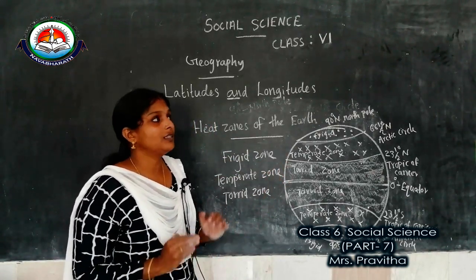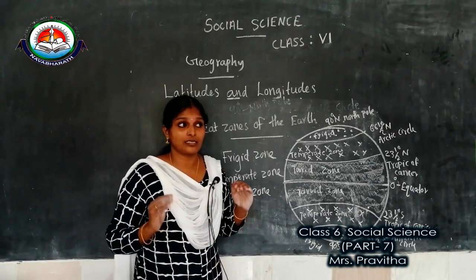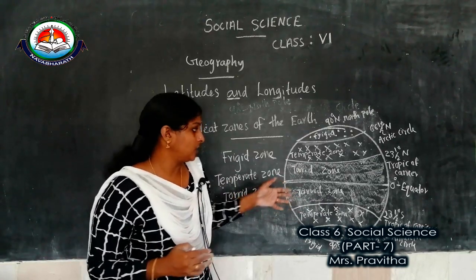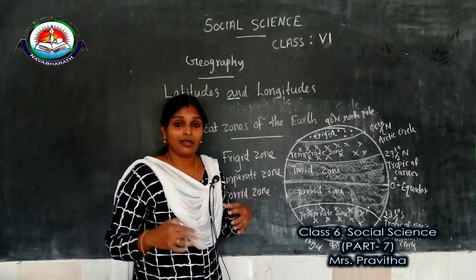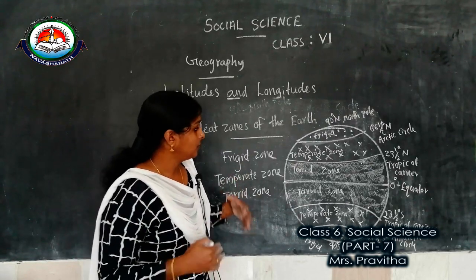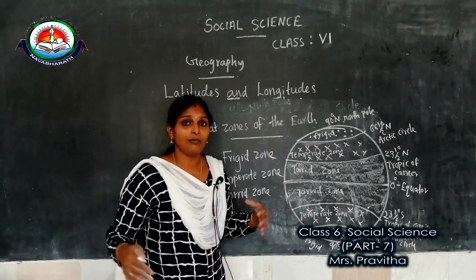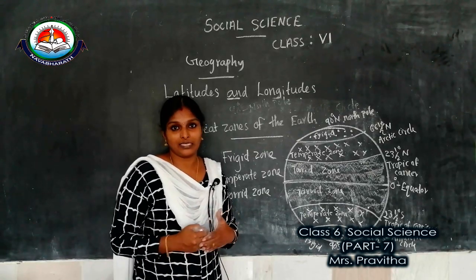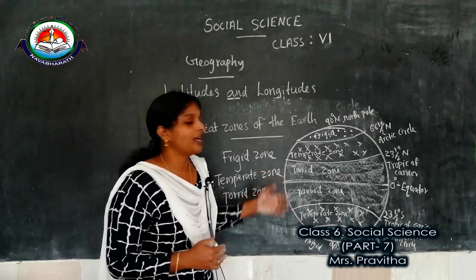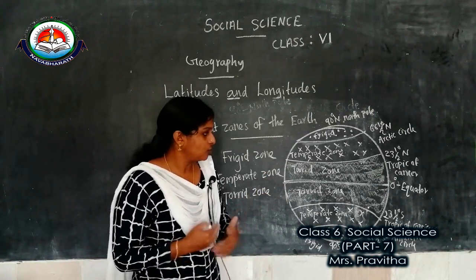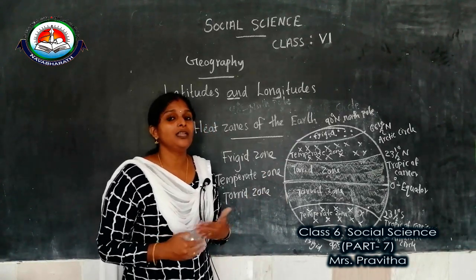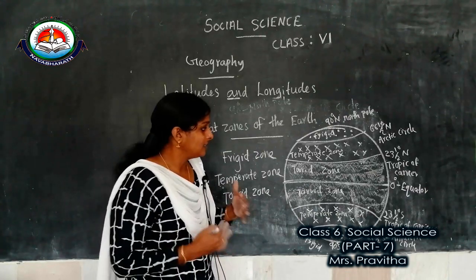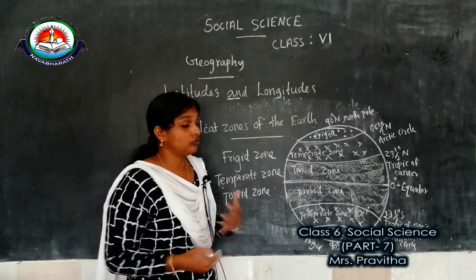I already told you this region gets maximum heat, but the climate is adjusted in the equatorial region. Although it gets huge sunlight directly from the sun, there are many oceans here, so evaporation takes place. Due to solar energy, evaporation leads to condensation and the formation of clouds, and this region gets heavy rainfall throughout the year.